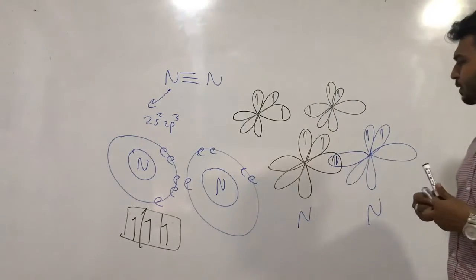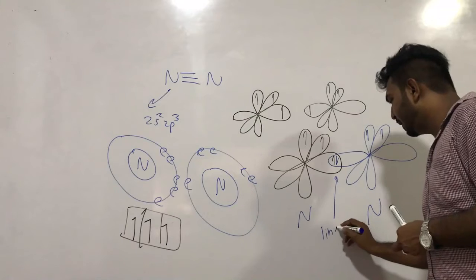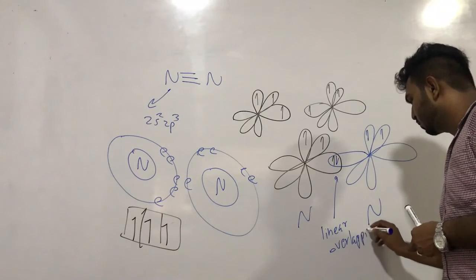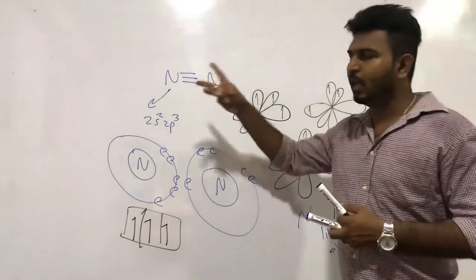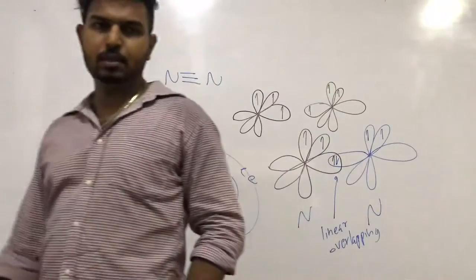Only 1 overlapping has occurred here. So this is linear overlapping. Then how are these 3 bonds formed? How can these 3 bonds be formed?